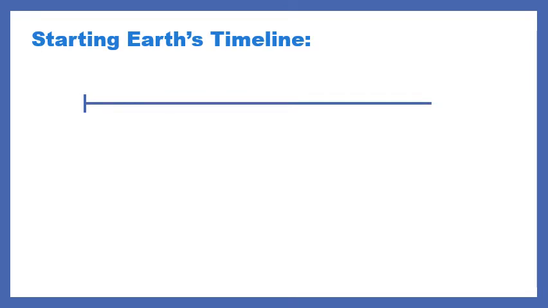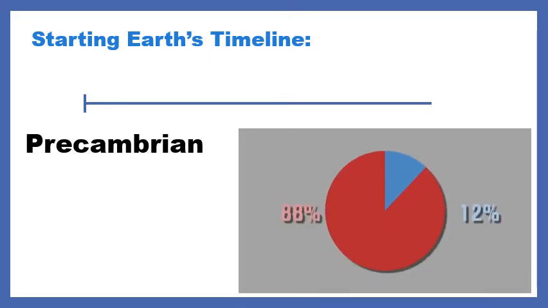So I'm going to start Earth's timeline, all right? And I'm going to choose the Precambrian time to start with. That is going to be the first tick in our timeline. Again, that word is pronounced Precambrian. All right, so 88% of Earth's history takes place in the Precambrian time.